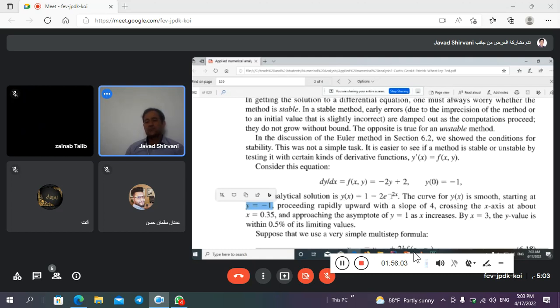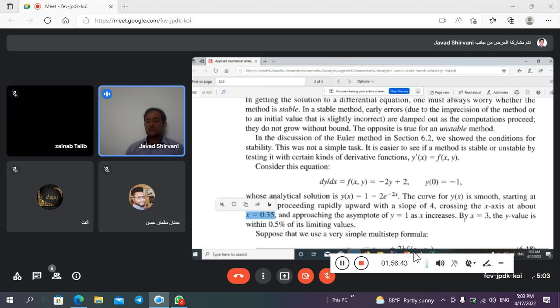The differentiation of y at the initial point is 4, and as we proceed, the value of y increases with this slope, crossing the x-axis at about this point, our zero function, and approaching the asymptote y equals 1.